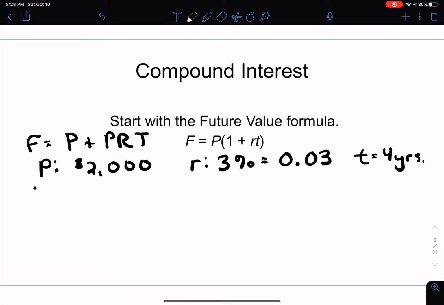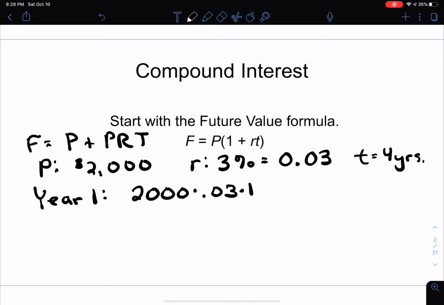So for year one, you have the $2,000 times the 0.03 times 1 to see how much interest you earn. And we found out that it's $60. So the future value at that point is $2,060.